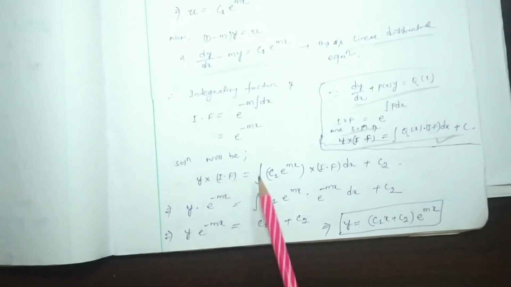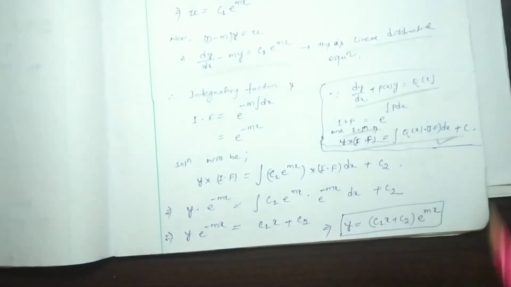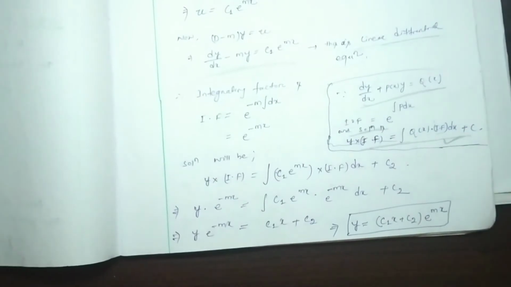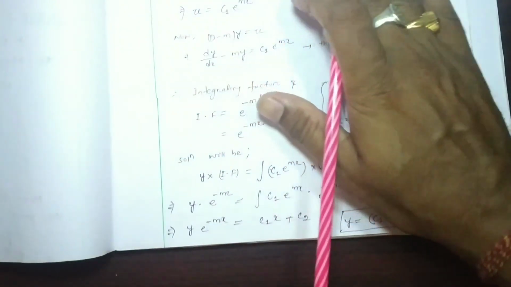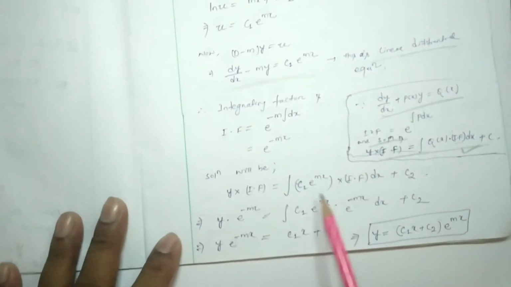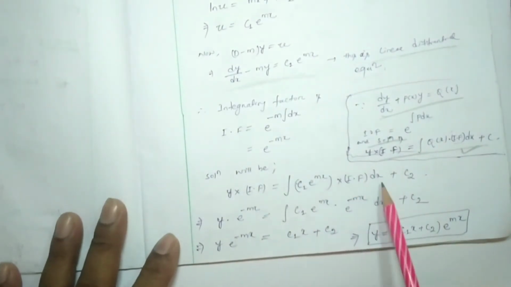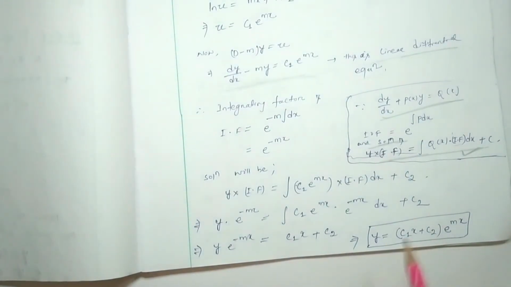Now the solution will be y into integrating factor equal to integration of Q(x), which is nothing but c1 e to the mx, into integrating factor dx plus c2.